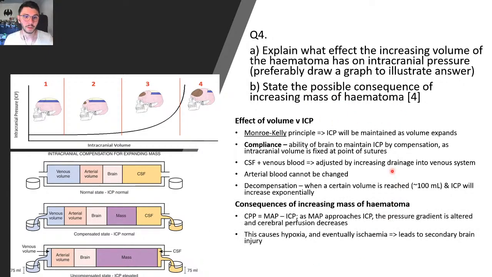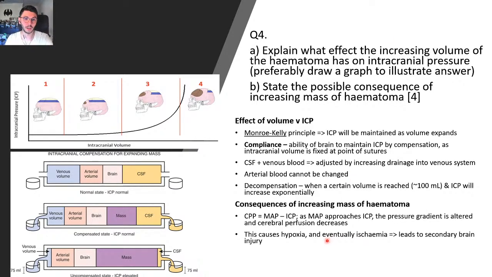Our cerebral perfusion pressure is calculated as the difference between the mean arterial pressure, the pressure in your blood, and the intracranial pressure. So the intracranial pressure has to be lower so that the pressure gradient ensures that blood goes from your bloodstream to your brain.